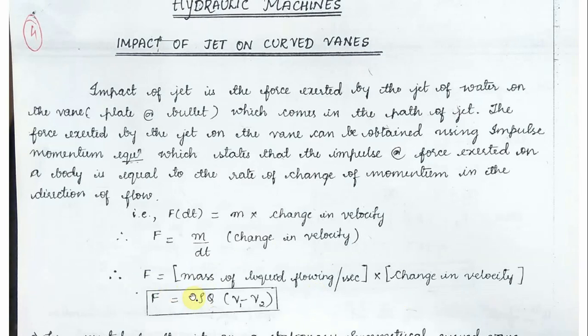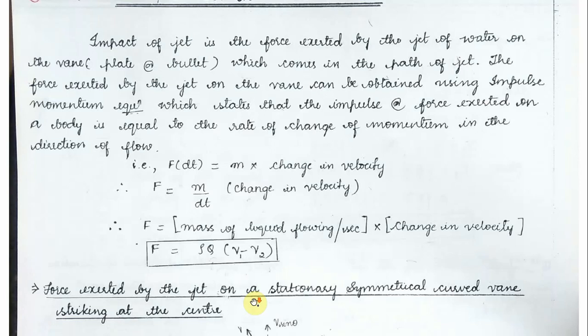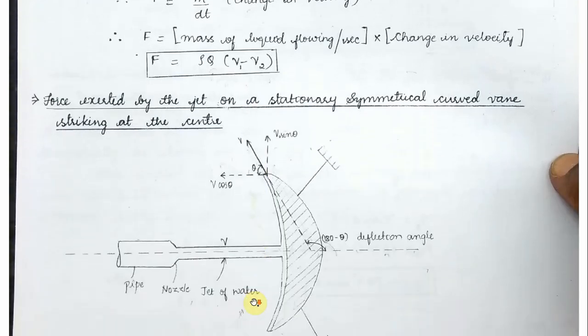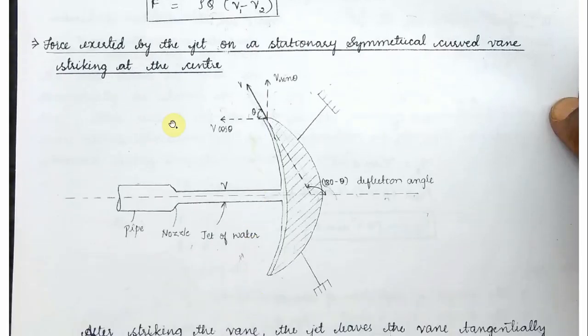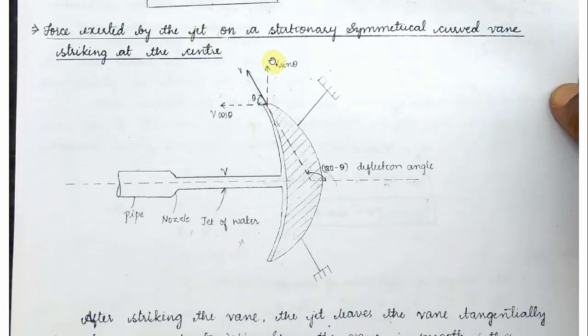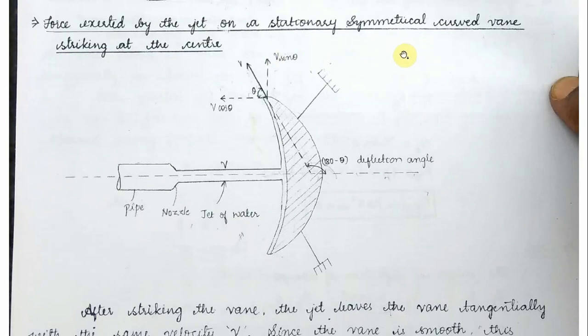The mass of liquid flowing per second is equal to rho into Q, where rho is the density and Q the discharge, and the change in velocity is from v1 to v2. Therefore, the force exerted by the jet on a stationary symmetrical curved vane striking at the center.